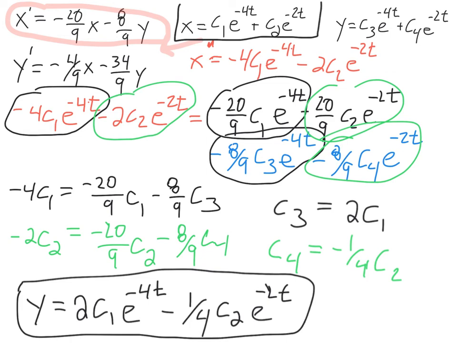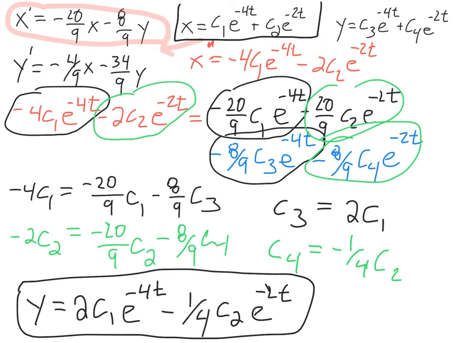If you've had a lot of exposure to linear algebra and eigenvalues, let me just say that these relations between our arbitrary coefficients are related to the eigenvectors for each of these two eigenvalues. For example, for the eigenvalue of minus 4, you can see in front of the e to the minus 4t term there was a 1 C1 and a 2 C1 over here.